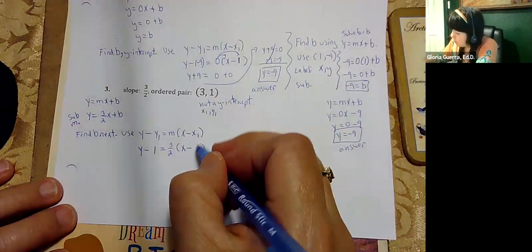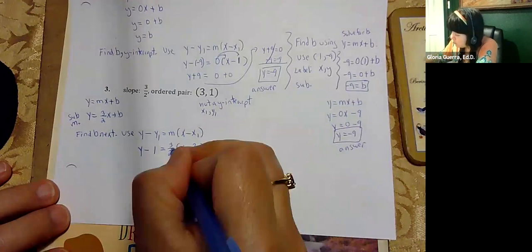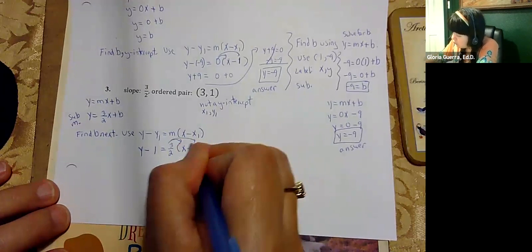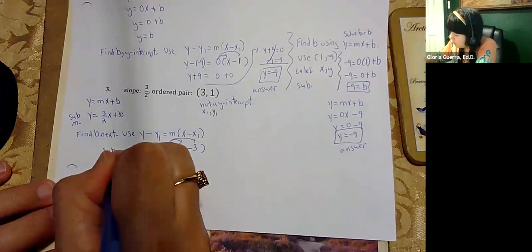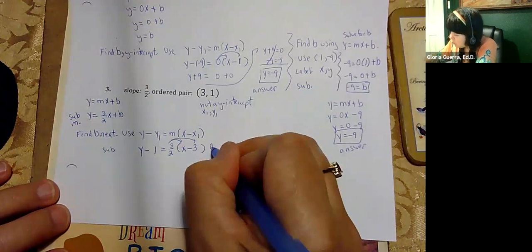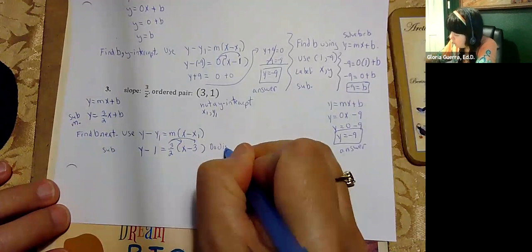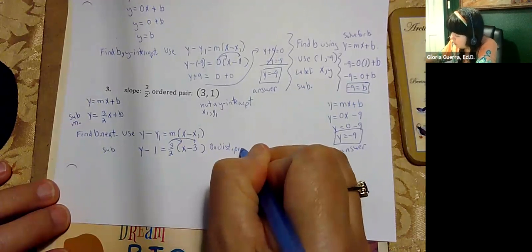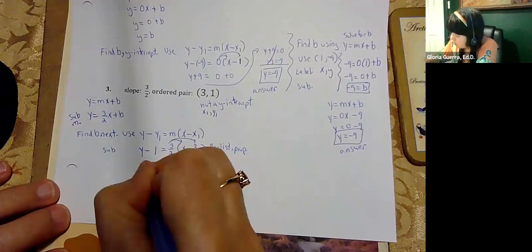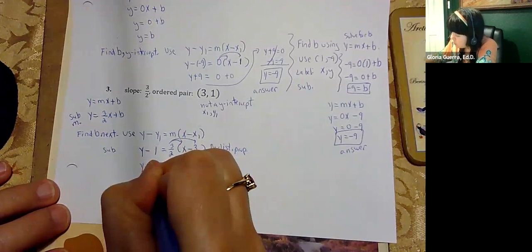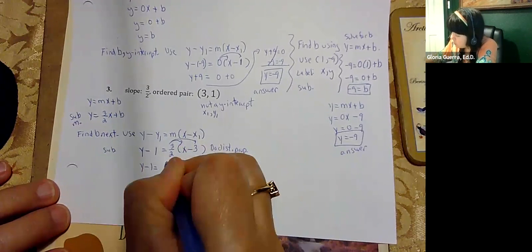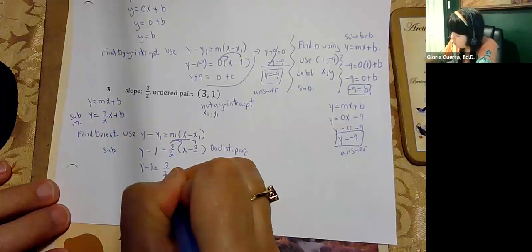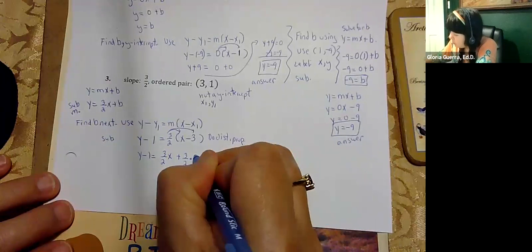Okay, and now I'm going to do my distributive property. I'm substituting, and now I'm going to do my distributive property. y minus 1 equals 3/2 x times negative 3 over 1.